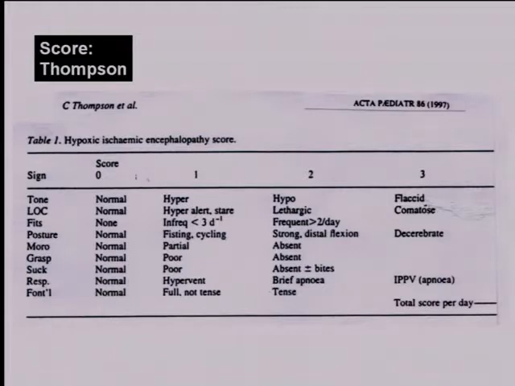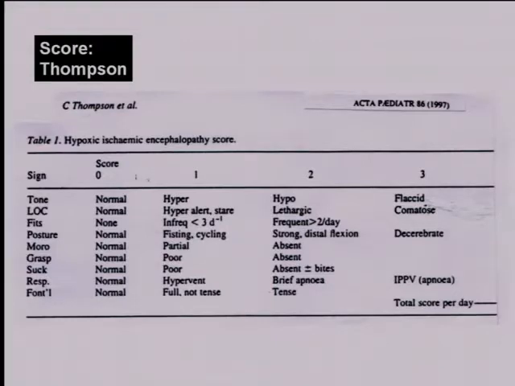Respiratory-wise, you would see whether the baby is hyperventilating, which is often the case. They ventilate such that the PCO2 may even fall to levels as low as 11 or 12 millimeters mercury. And then if they need support because they have repeated apneas or they are completely apneic. The fontanelle should also be assessed.